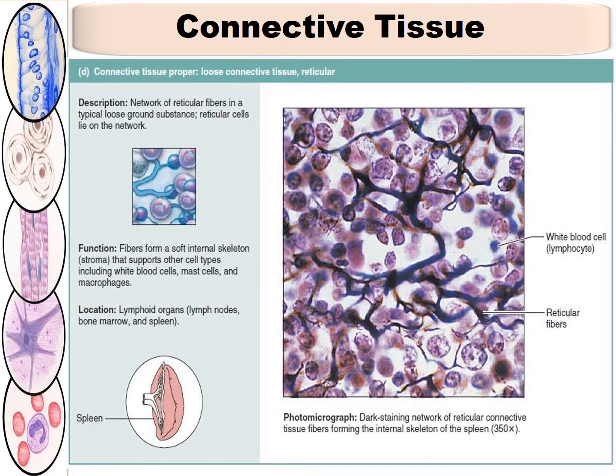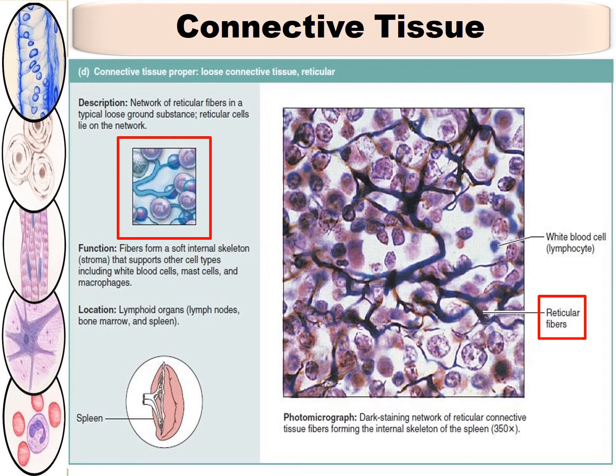Then the fourth connective tissue is the reticular loose connective tissue proper. It has a network of reticular fibers in a typical loose ground substance with the reticular cells lying on the network. Mainly the fibers form a soft internal skeleton called the stroma, which supports other cell types including white blood cells, mast cells and macrophages.